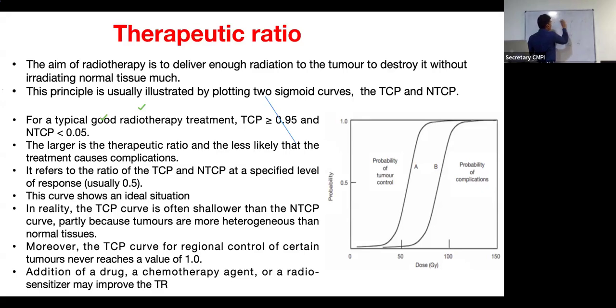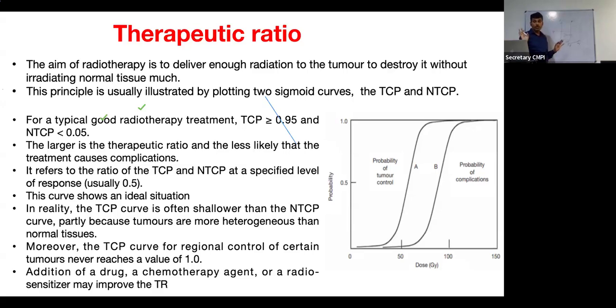This is, suppose, 100% and this is 95%. And this is, suppose, 5%, that is 0.05, and this is 0.95. Now, how they are separated is the important thing. If you take the TCP and NTCP values at the 50% level and take the ratio, that is called the therapeutic ratio.